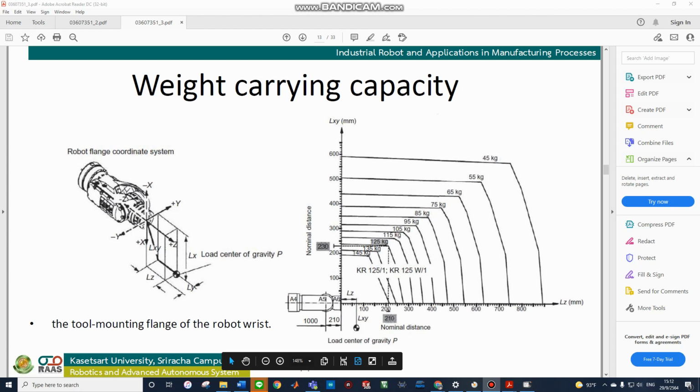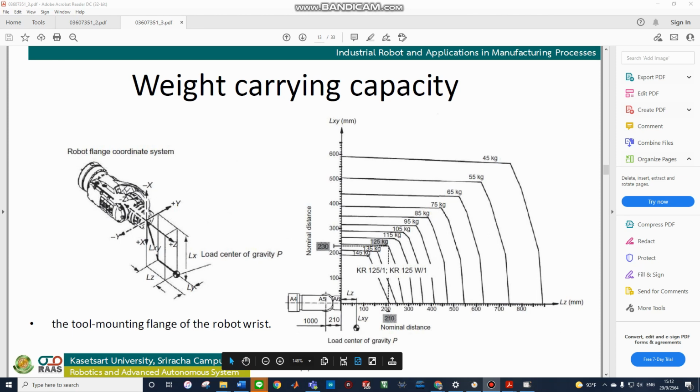This is a robot flying coordinate system. Its load center of gravity is P. It is to mounting, taking off the robot base. This is the graph of LXY and LZ.